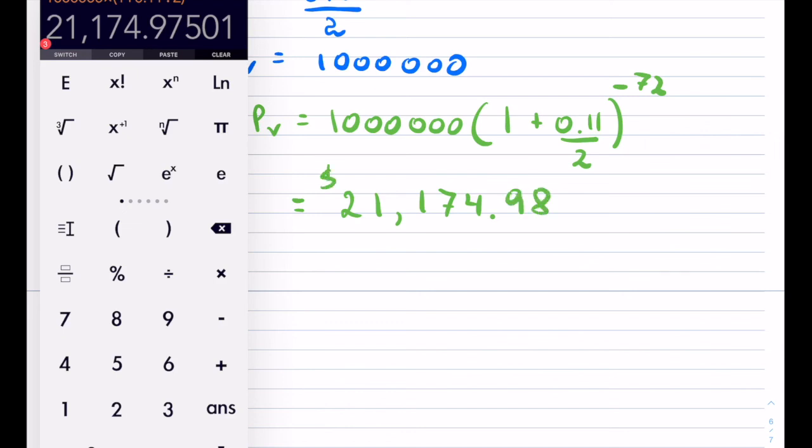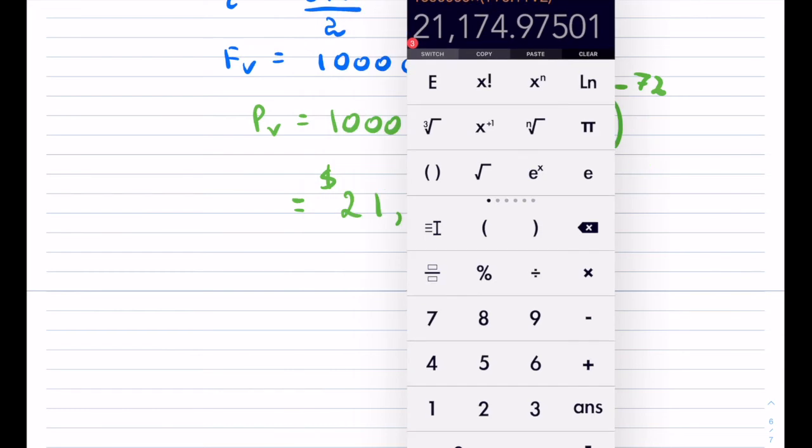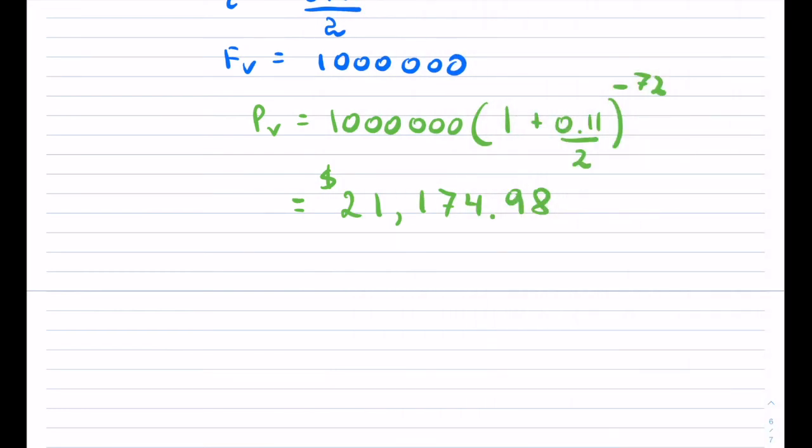So interestingly, we need approximately 21,000, right? 21,174.98. That's how much we would need, and it would grow if we're lucky enough to be compounding at 11% semi-annually.